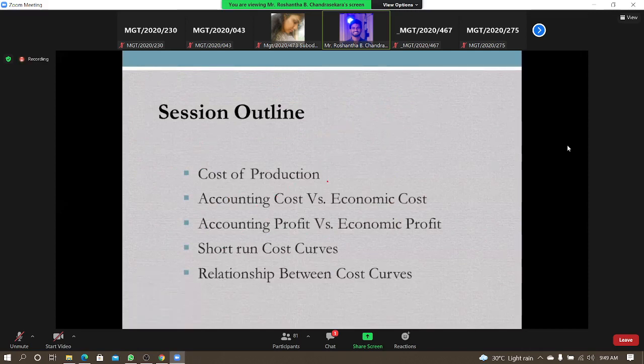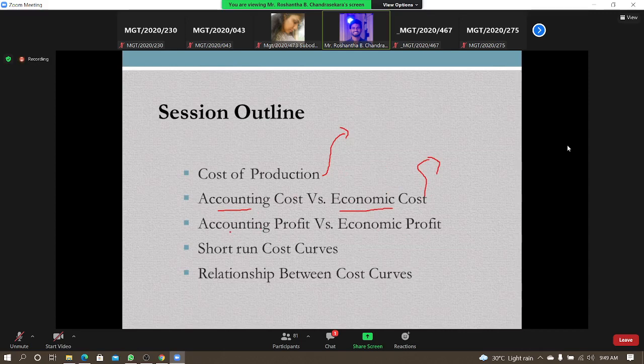At the very beginning we identified the concept of cost of production. And we discussed a concept called accounting cost and economic cost. How the accountant identified the cost concept, and also how an economic person or an economist identifies the cost concept.